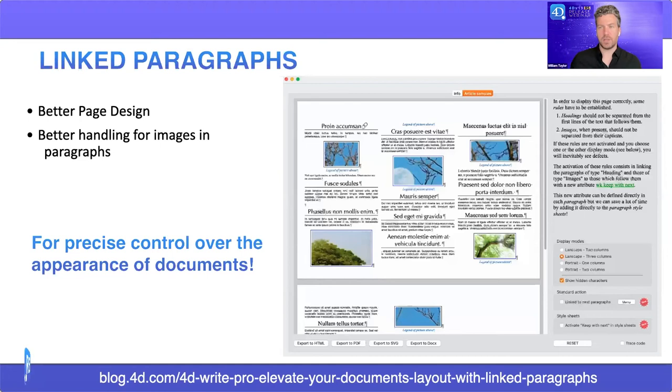So if you need two things to always be on the same page, for whatever reason in your 4D Write Pro document, you can do that now with linked paragraphs.